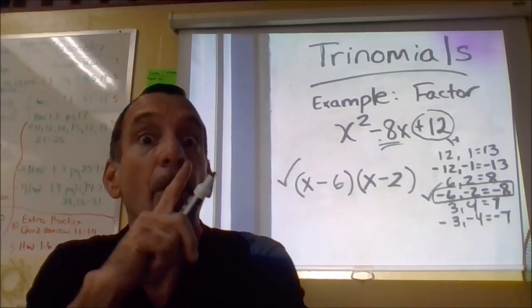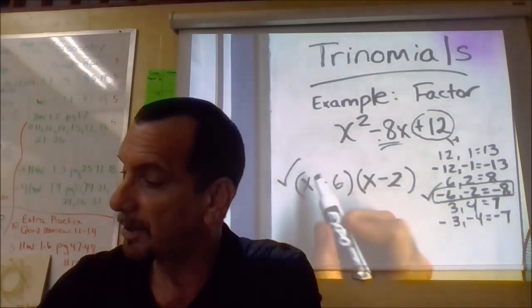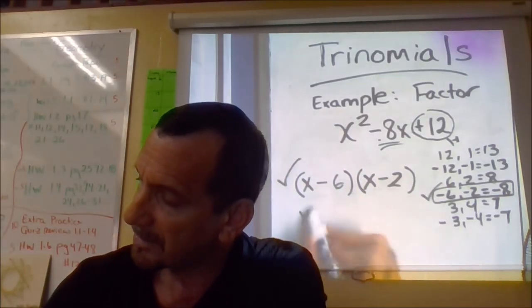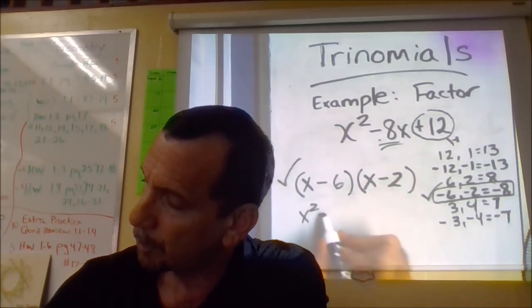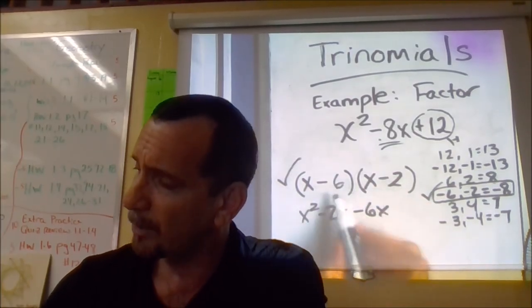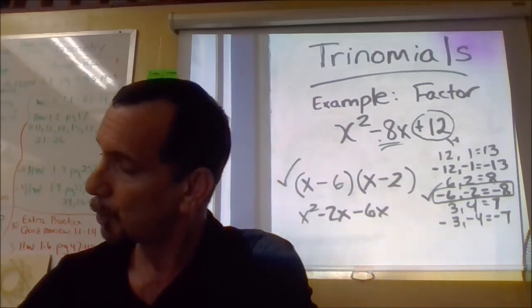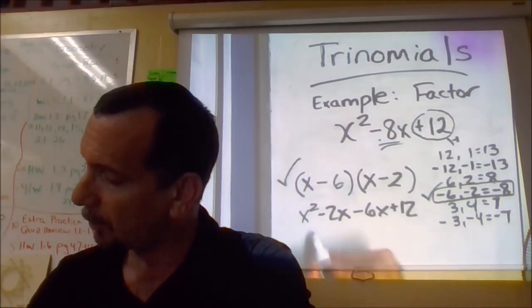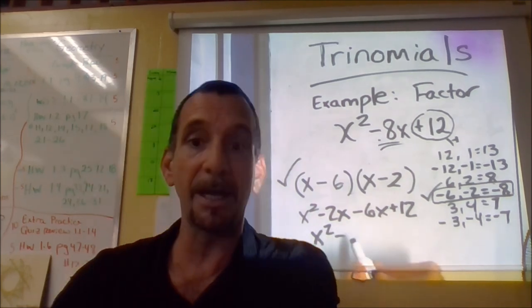Now you remember FOIL? FOIL, you can check your answers. What's x times x? X squared. What's x times negative 2? Minus 2x. What's negative x times 6? Minus 6x. And what's a negative 6 times negative 2? Positive 12. So we're just FOILing, which I think you guys are pretty good at.